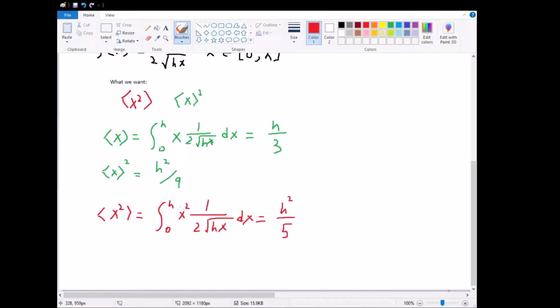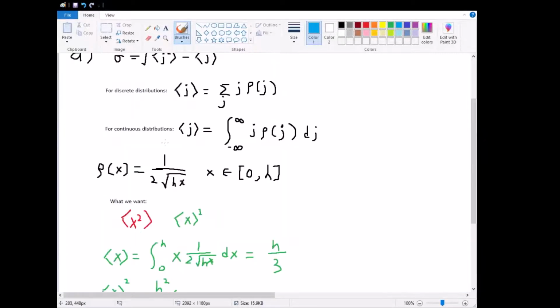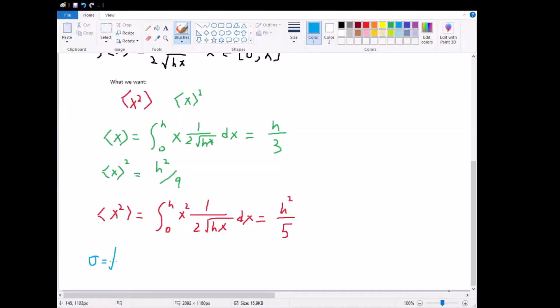And if we plug this into our standard deviation, we know that the standard deviation is equal to the square root of x squared subtracted by x average squared.